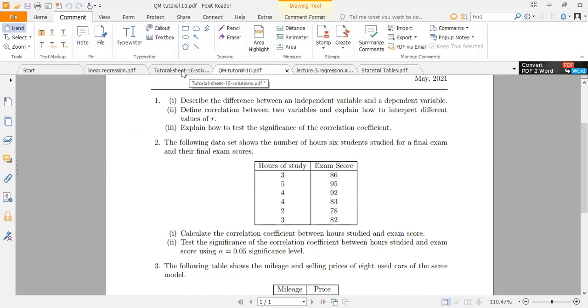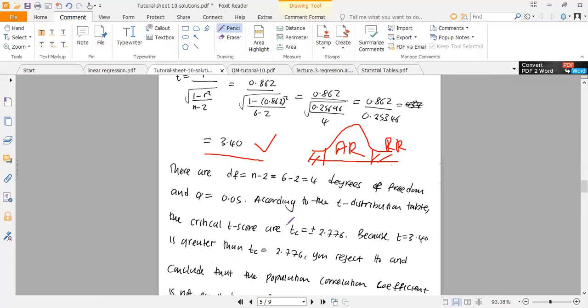So when we go to our t table, we're dealing with negative 2.776 and positive 2.776. So our t calculated was found as what? 3.4. And where is 3.4? It's away from the acceptance region. It's in the rejection region.